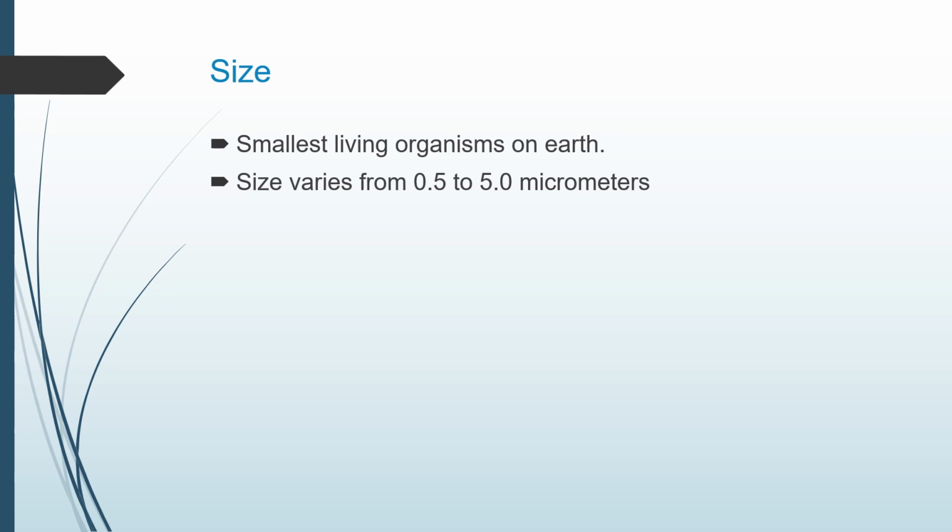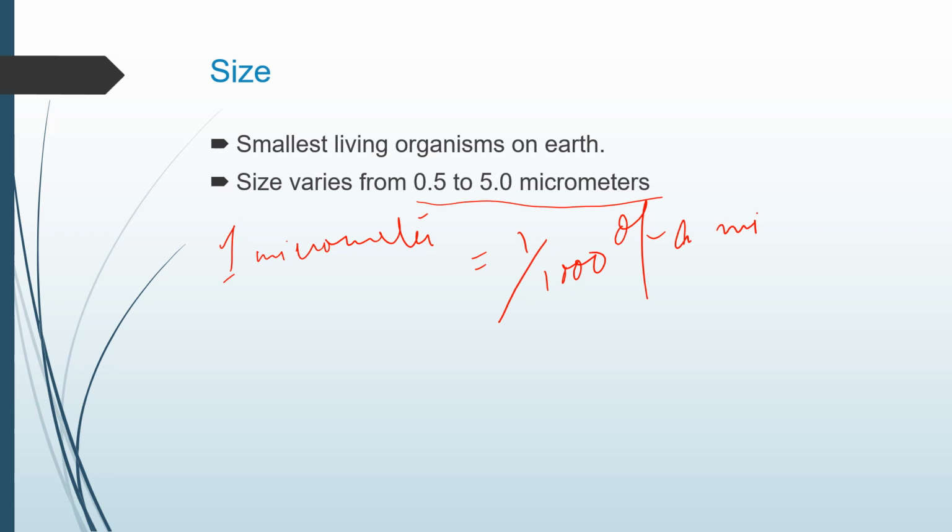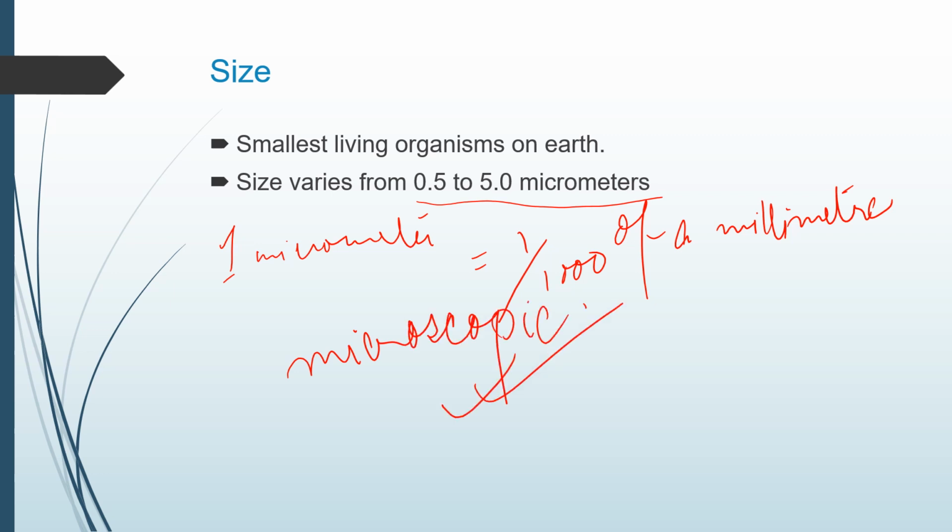One micrometer is equal to 1 by 1000 of a millimeter, and because of this minute size they are not at all visible with our naked eye, so bacteria are always microscopic.